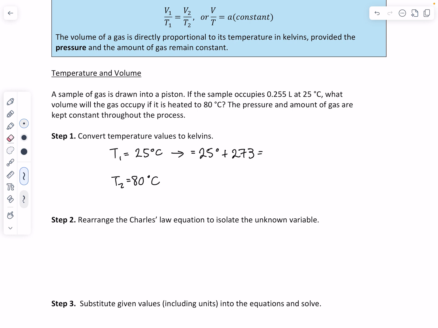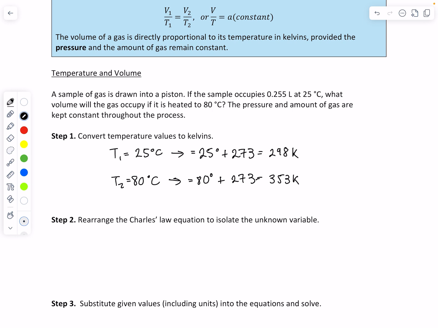That is 298 Kelvin. 80 degrees plus 273 equals 353 Kelvin.